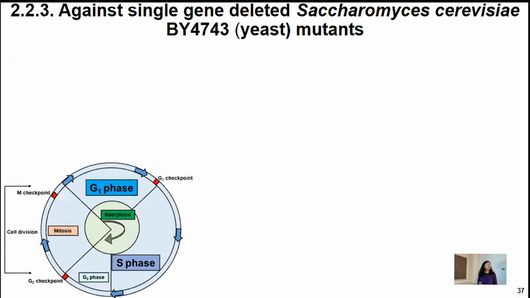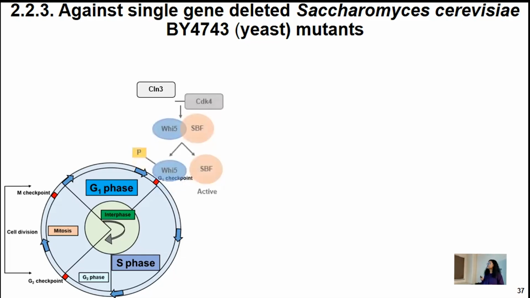Now, we all know the cell cycle process is highly regulated. For a yeast cell to go from G1 to S phase, the first cyclin that needs to be activated is CLN3 cyclin. Cyclin cannot perform by itself. Cyclin needs to have its partner, that is cyclin-dependent kinase.